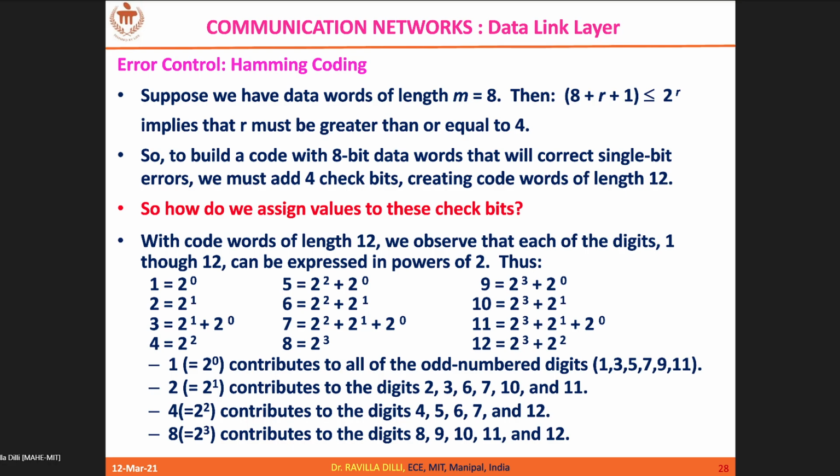And same way, R3 is all position bit values corresponding to 2 power 3, which is 8 XOR 9 XOR 10 XOR 11 XOR 12. So 8 we are yet to calculate. So 9, which is 1, XOR 10, which is 1, XOR 11, which is 0, XOR the 12th position, which is 1.